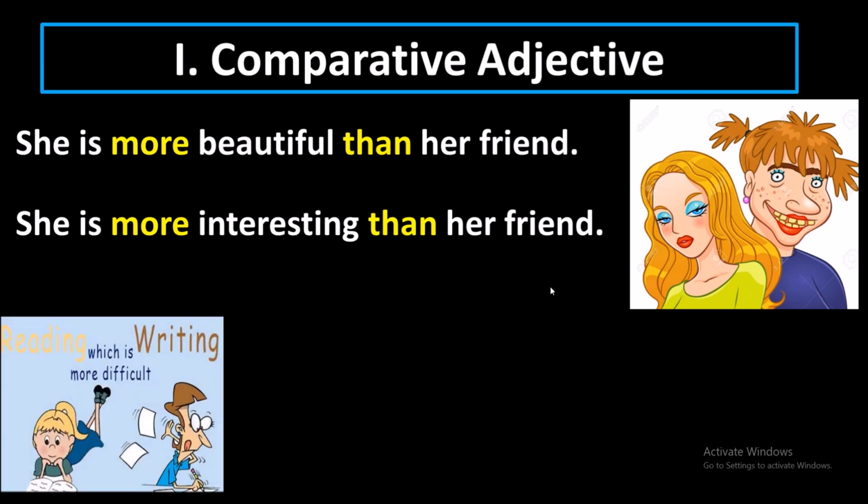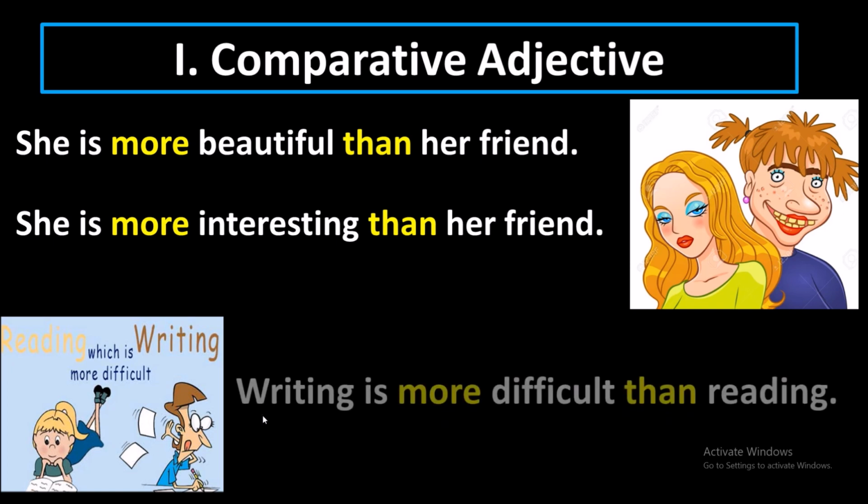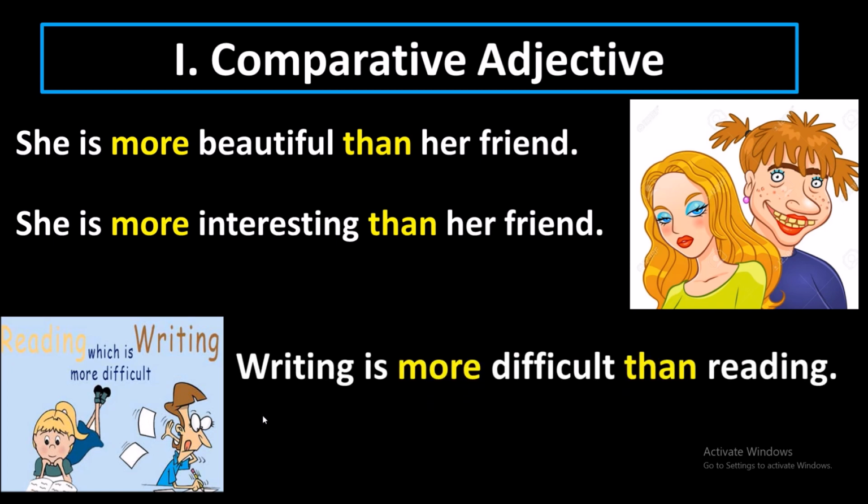Okay, let's take a look at another example. In the picture, the girl is reading. It looks like she is having a good time with her reading. Another one is writing. This looks like he is having a hard time with his writing. How can you say about these two pictures?